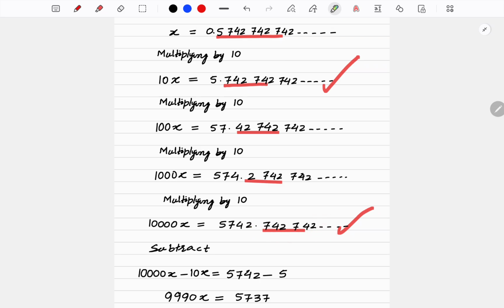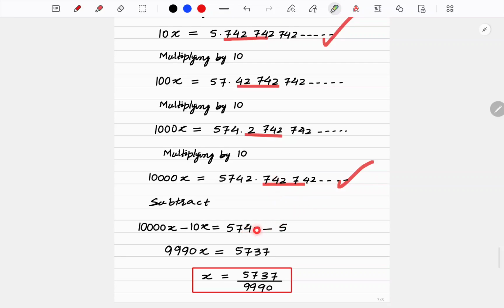As these decimal series are the same, they get cancelled to 0.